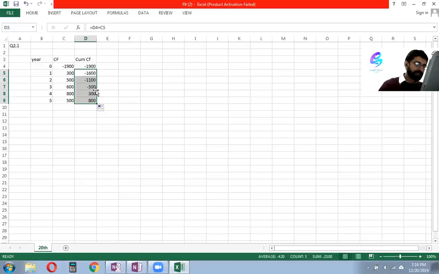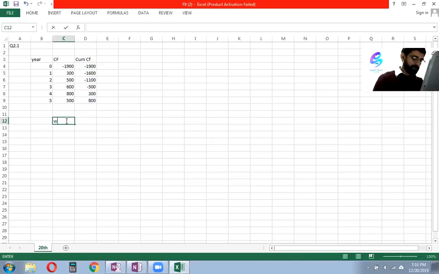So the payback period is somewhere between year 3 and year 4. How much exactly is that? We can do it in the working. So I'll call it working 1, and I'll say is equal to this cell divided by this cell, which means how much do you need? 500. How much do you expect next year? 800. So this will give you 0.625.